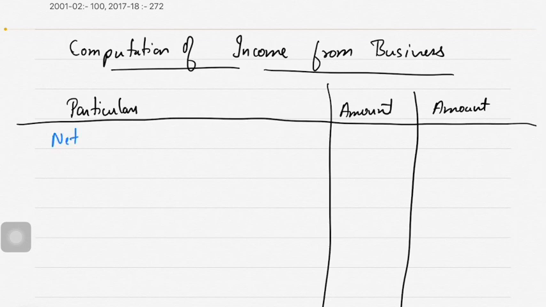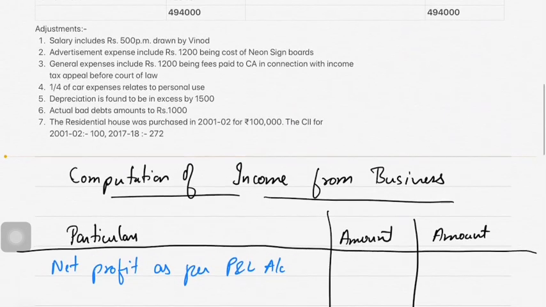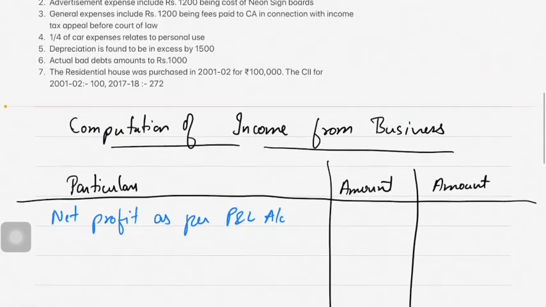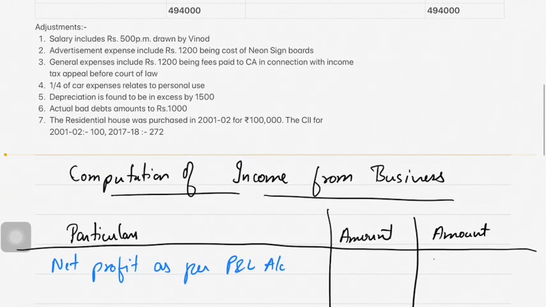First, net profit as per P&L account, which is 4,29,400.